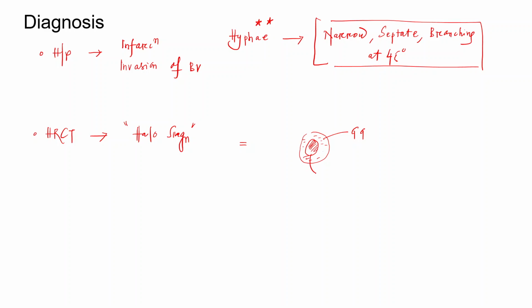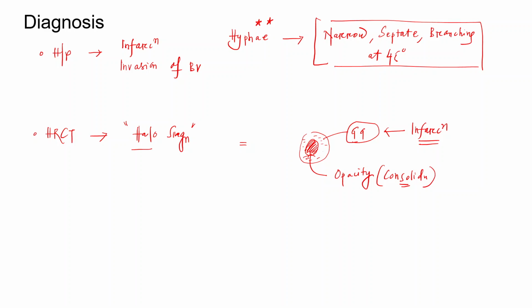The central hyperdense lesion is due to consolidation, and the ground glassing is due to the associated infarction.